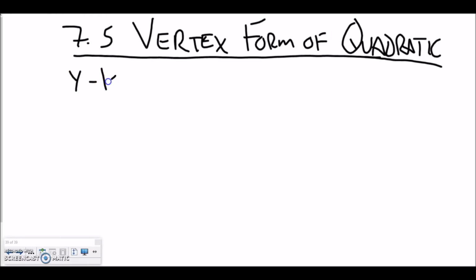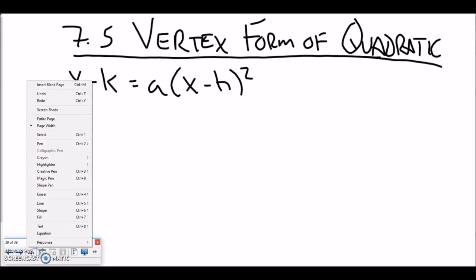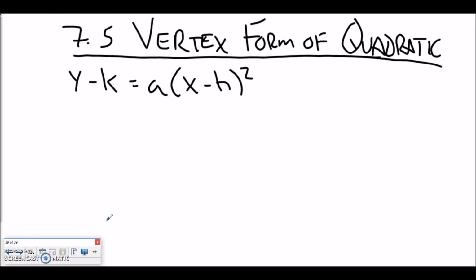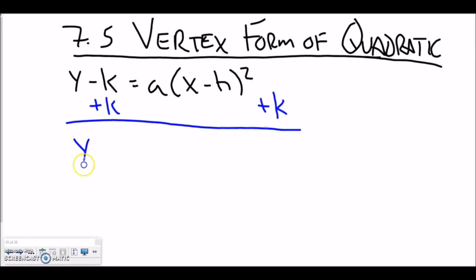The book, if we had a book, would give you this form, and I know this is a little vague right now, but we'll explain it. The more important or more common form is to add this k to both sides and say y equals a(x minus h) squared plus k.